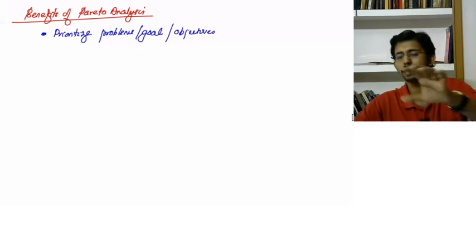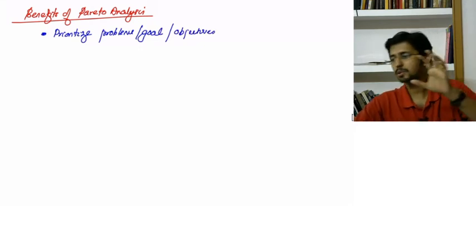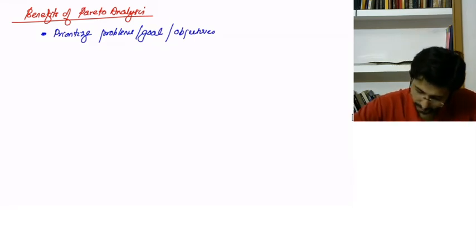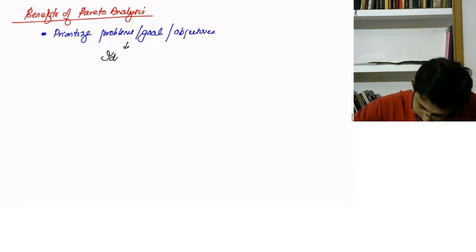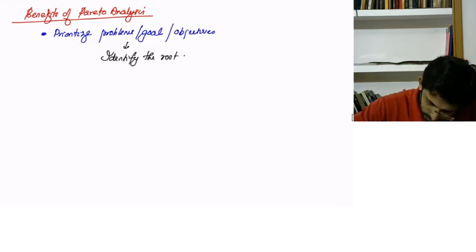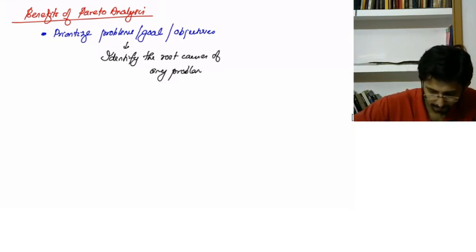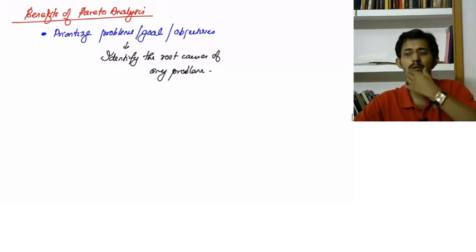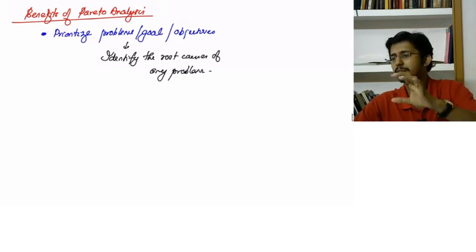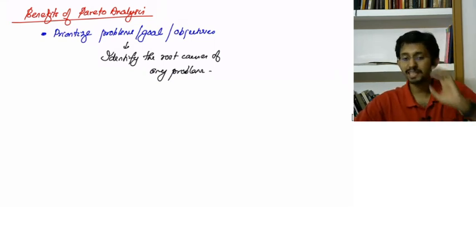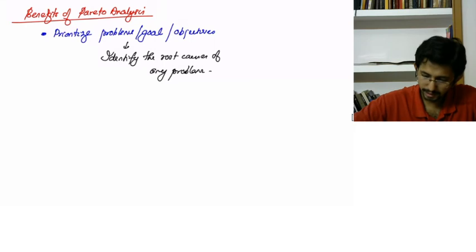By applying this 80-20 rule, you are able to prioritize your problems, your goals and objectives. And not only that, this helps you to identify the root causes of any problem. Is it clear? Root cause of problem, because you are concentrating only on those problems or goals or objectives which are significant.